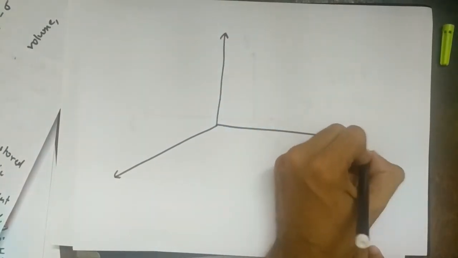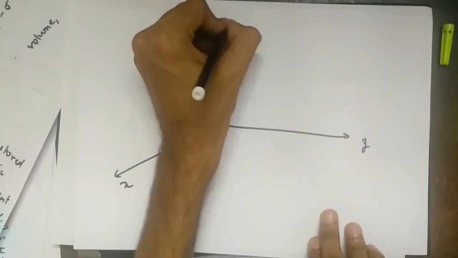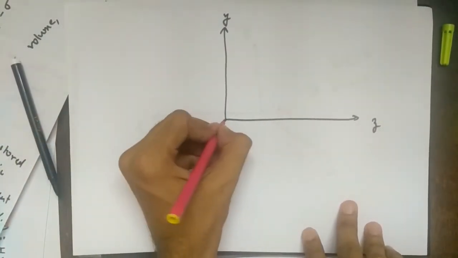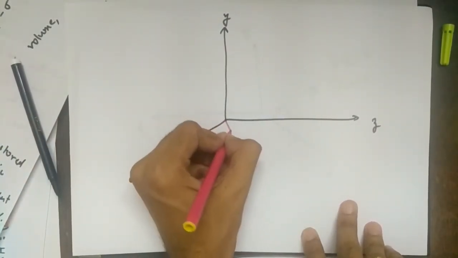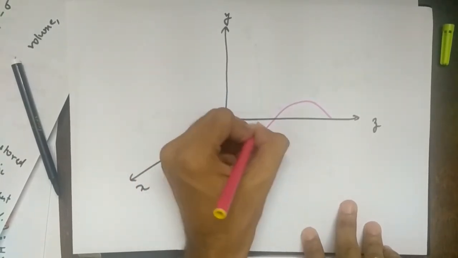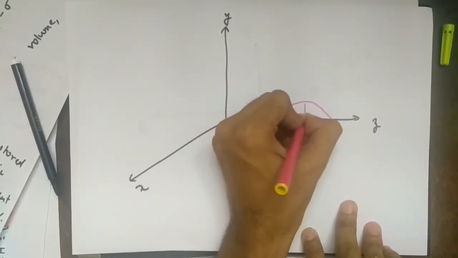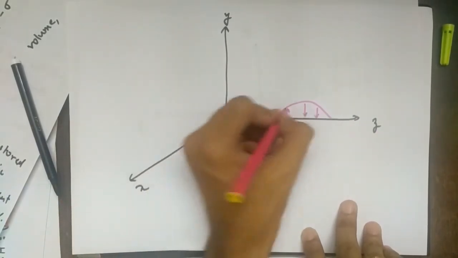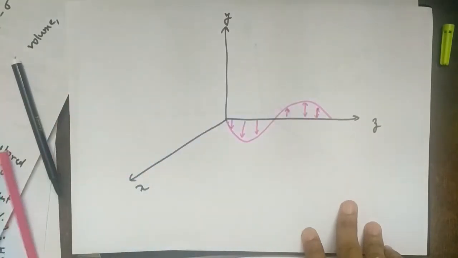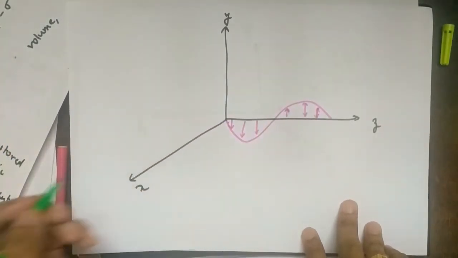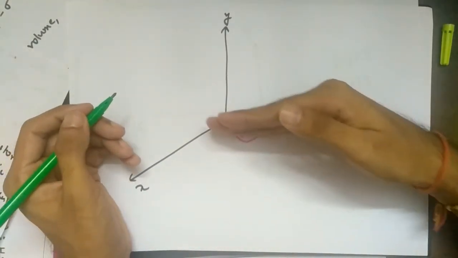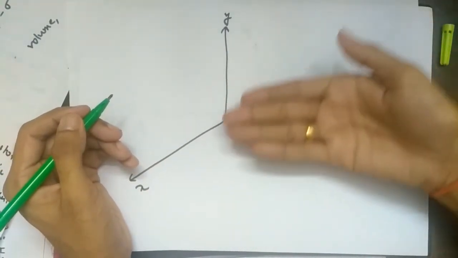So this is my z, this is my x, this is my y. The electric field is oriented in x, and it is varying in z, so it is like this. Sorry, these arrows are like this. So the electric field is like this. How is the magnetic field perpendicular to this? Remember, this is coming out towards you, even though it looks like this.